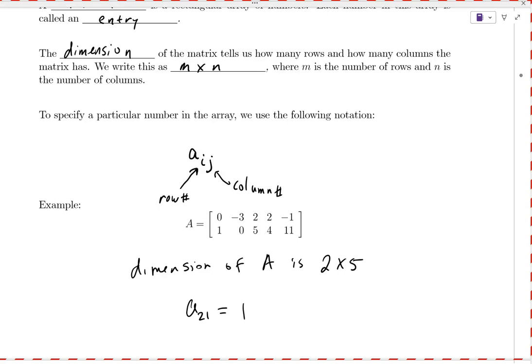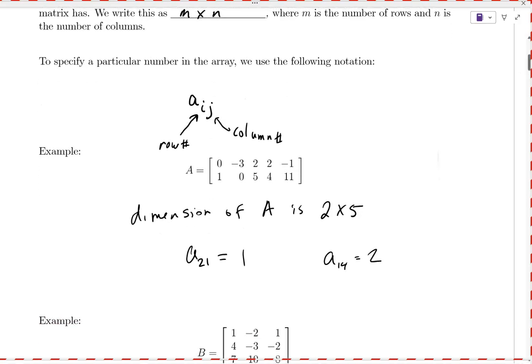Because again, the first number tells you the row to look in, the second number tells you the column to look in. So it says go down to row 2 and column 1, that's a 1, right? If I asked you for A sub 1,4, you would tell me 2. Because again, this is row 1, column 4. So I'm looking at that entry right there. Does that make sense? Okay.